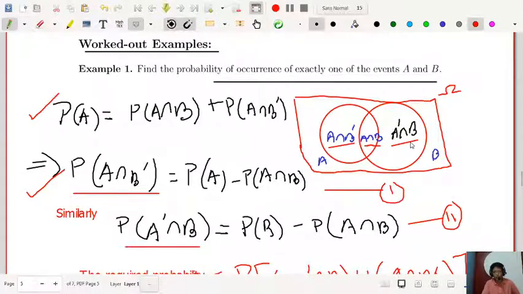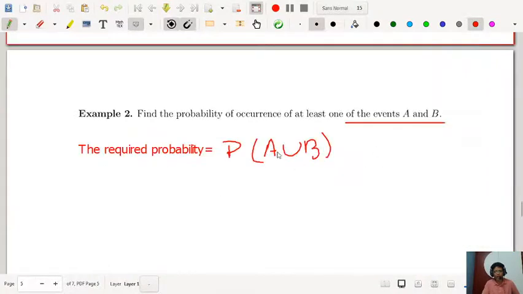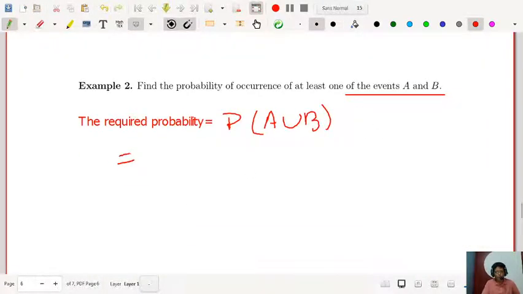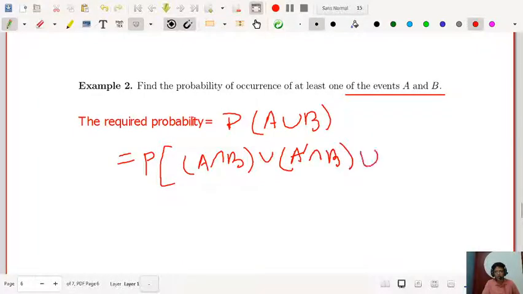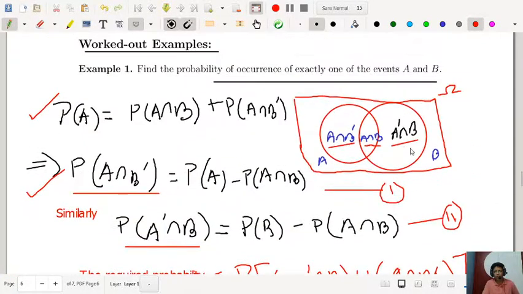These constitute the union. So we can write, replacing union by probability of A intersection B union A complement intersection B union A intersection B complement, right? This is from the diagram, you observe.